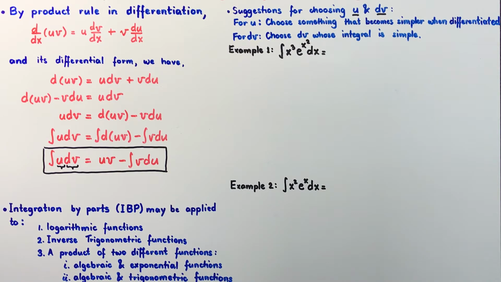For u, choose something that becomes simpler when differentiated, and dv must be a part of the integrand whose integral is simple, which means that the dv part is readily integrable.